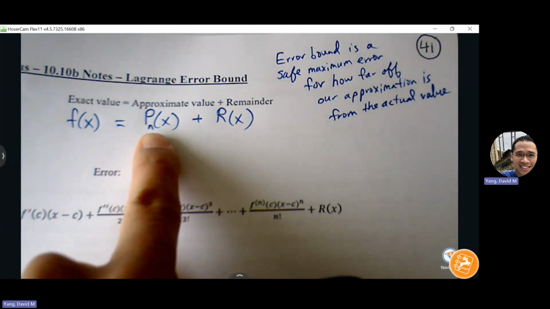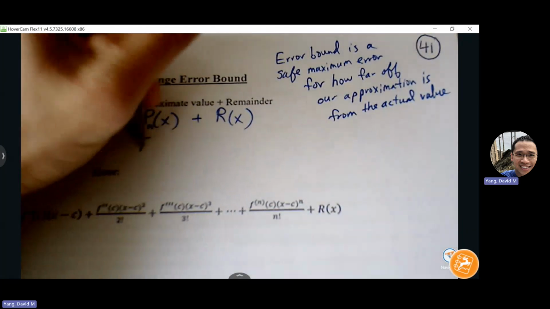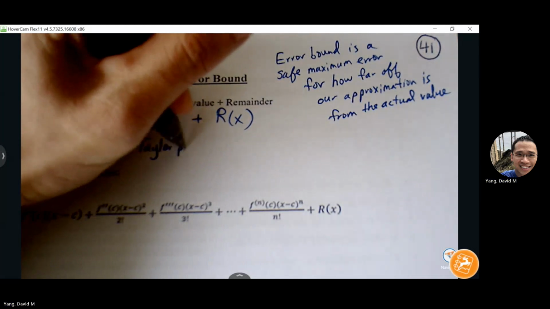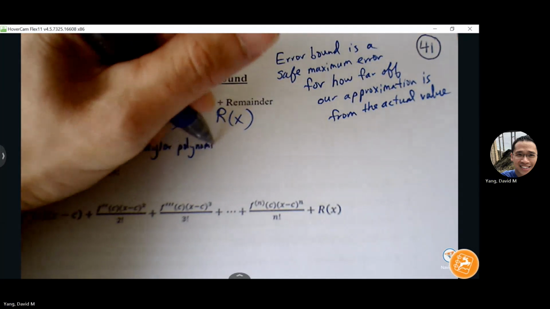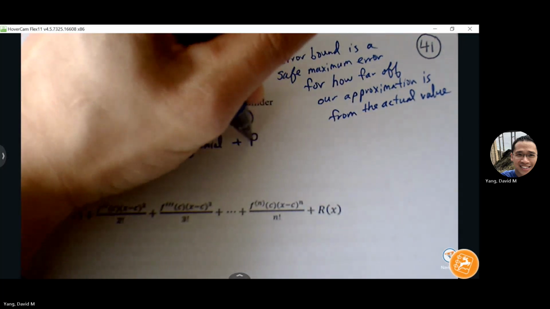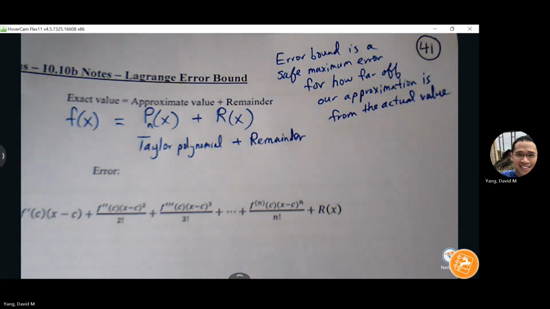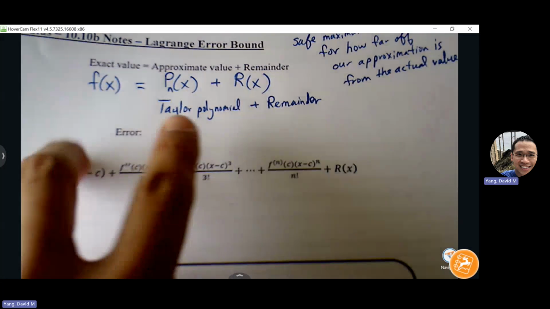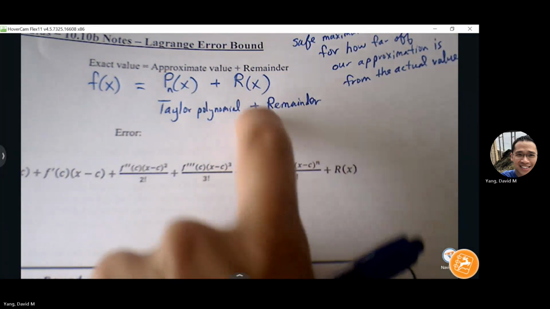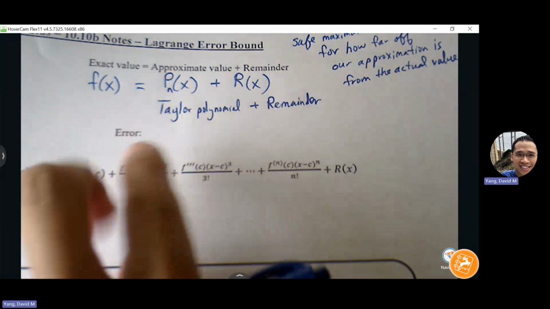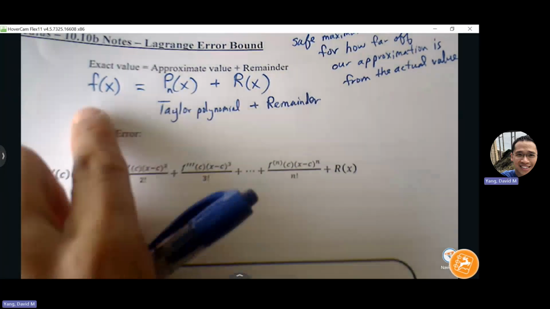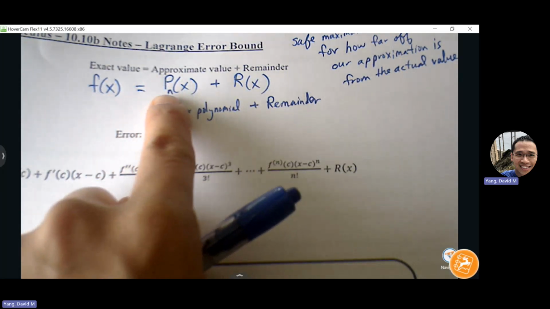Okay, and that Taylor polynomial will just be at some nth term. It could be the first few terms added together. It could be the third degree polynomial. It could be the fifth degree polynomial. But we know that in general, this is true. If I solve for my remainder, it's just the exact value minus my approximation.